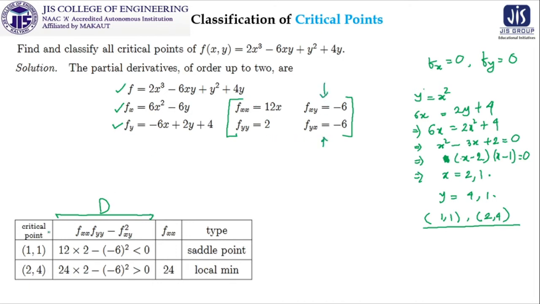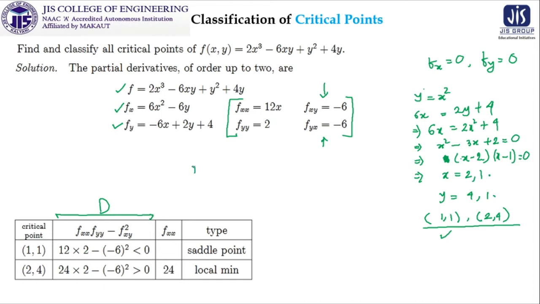For the critical point (1, 1), this expression gives fxx is 12x, so 12 into 1, that is 12. fyy is 2, minus fxy whole square, fxy is minus 6. So D in this particular case is less than 0.